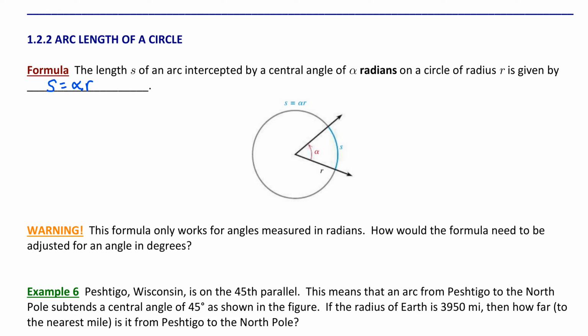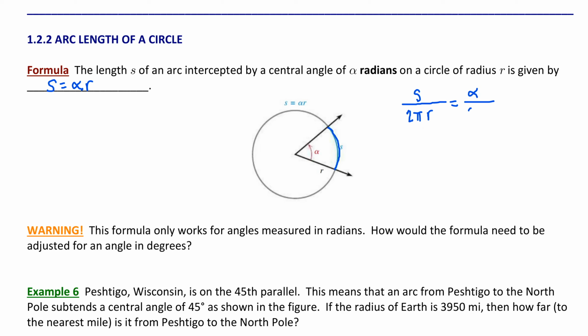First of all, we are looking at calculating the length of the arc on a circle. Let's consider the ratio of the length of that arc to the entire circumference of the circle. The circumference of a circle of any radius is calculated as 2 pi r. That ratio is equivalent to the central angle subtended by the arc S, which in this case is alpha, divided by the central angle subtending the arc spanning the entire circle.